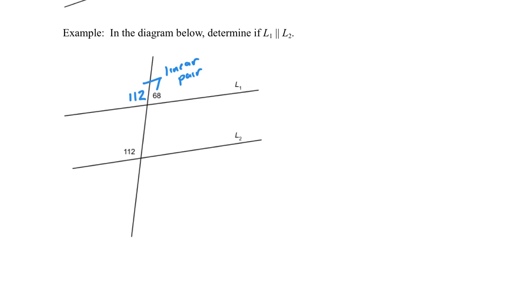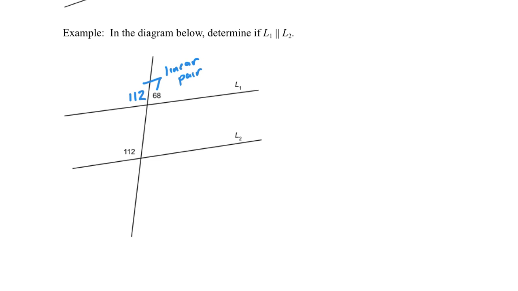Now, if you wanted to go an extra step, you could, and you could determine that this is 112 degrees because it's a vertical angle. So this is vertical angles with this, so that would be 112 degrees. So that means that this and this would be congruent, and those are alternate interior. So there's actually lots of different ways that you can do this, but I think we've gone far enough here.